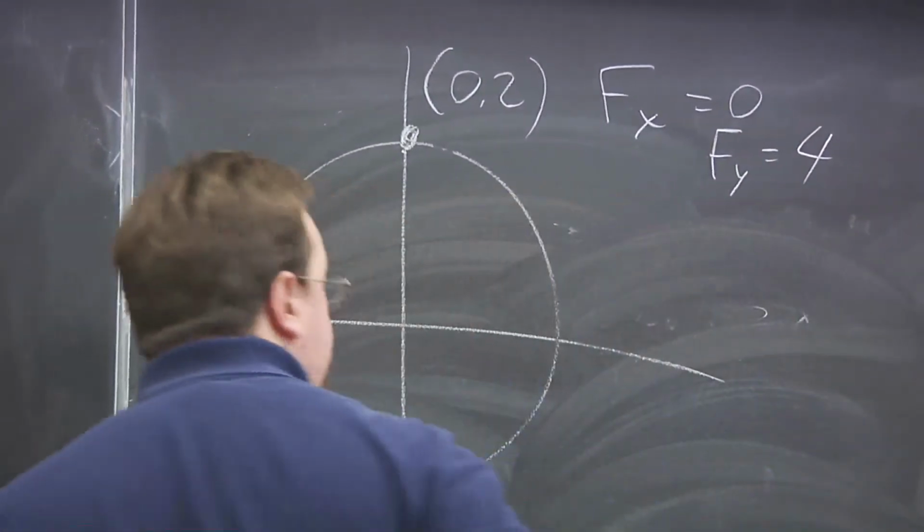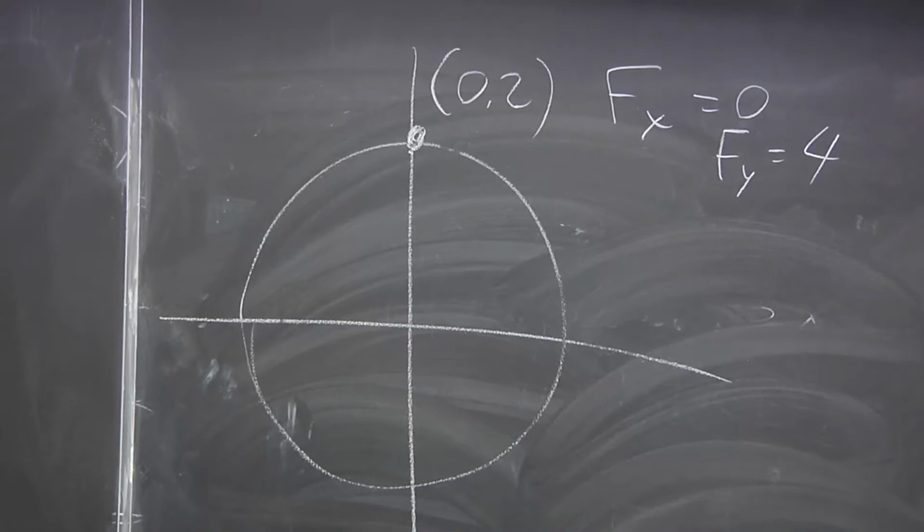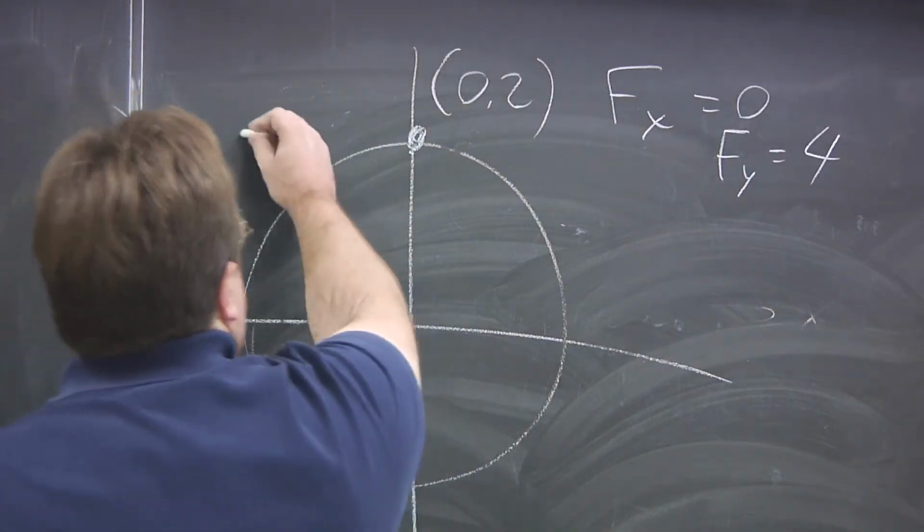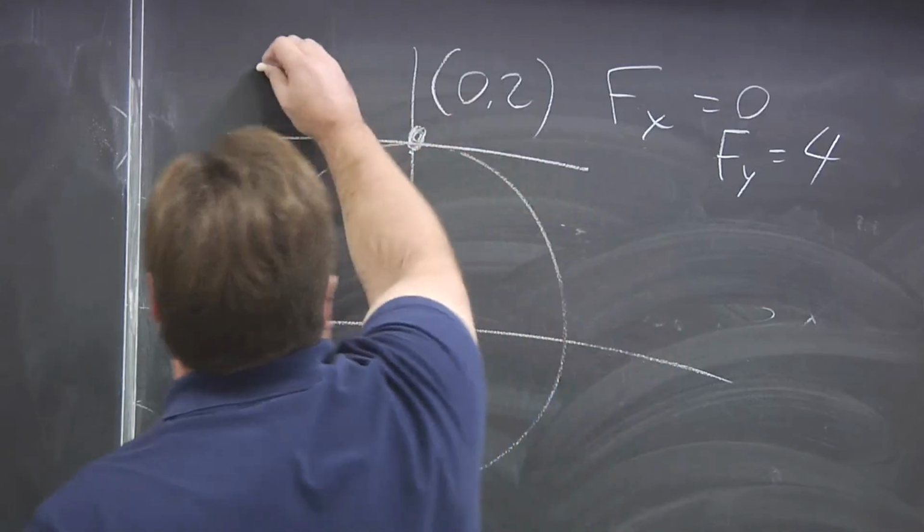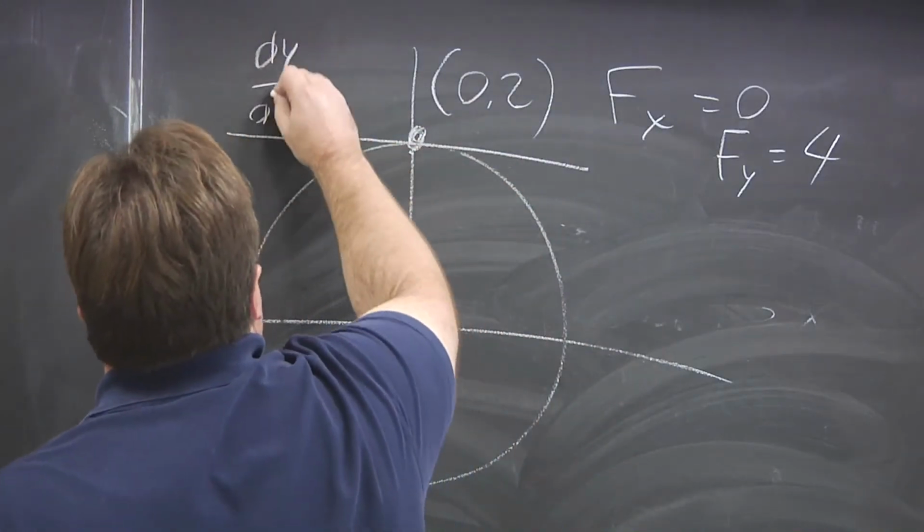So everything works out here, that we do have a well-defined dy/dx. Just from a picture, from a graph, you can tell what dy/dx is going to be. What is it? Zero. So dy/dx at this point is 0.